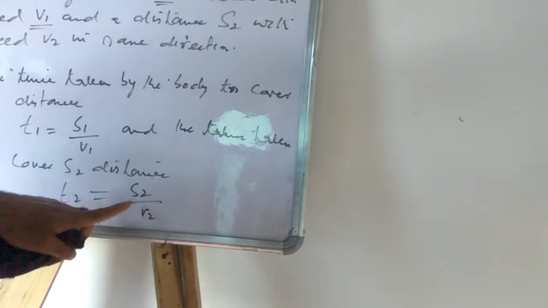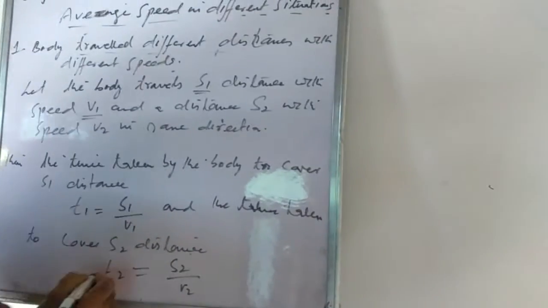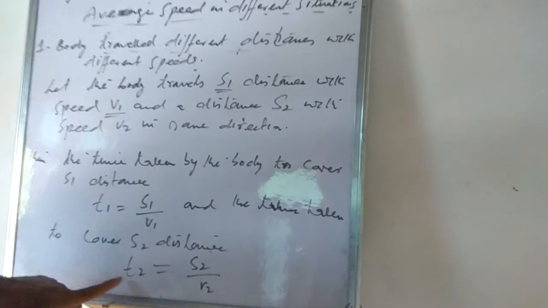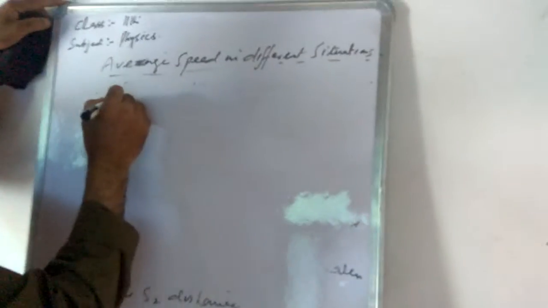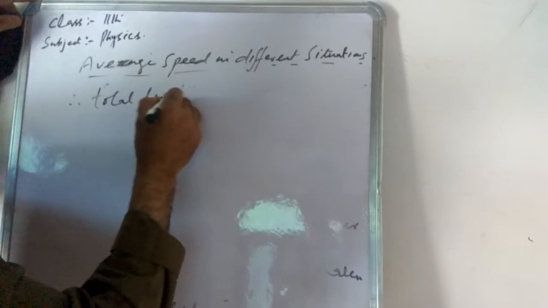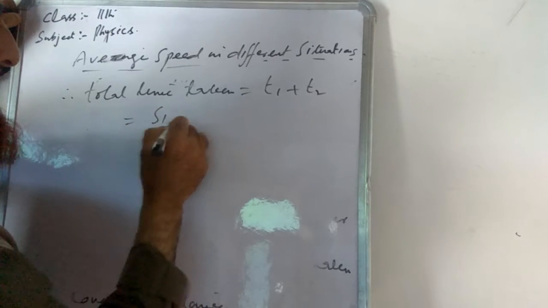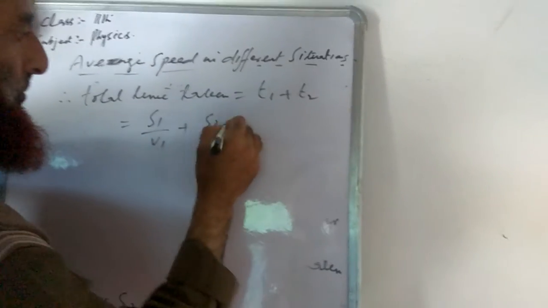s1 is the distance traveled with the speed of v1 and t1 is the time taken, and s2 is the distance traveled with the speed of v2 and the time taken is t2. That means the total distance, delta x, is traveled in the times t1 and t2. Therefore, the total time taken is t1 plus t2, that is s1 by v1 plus s2 divided by v2.